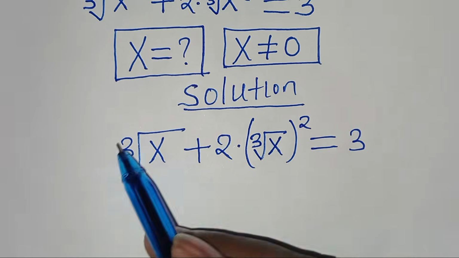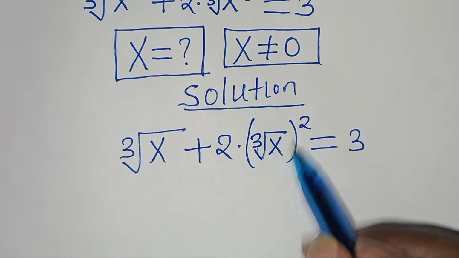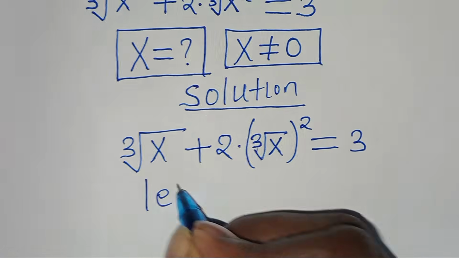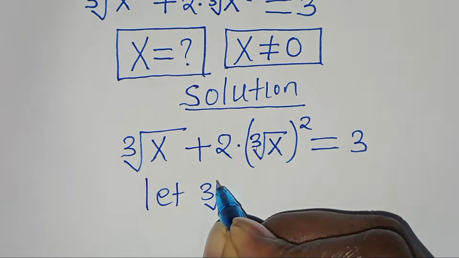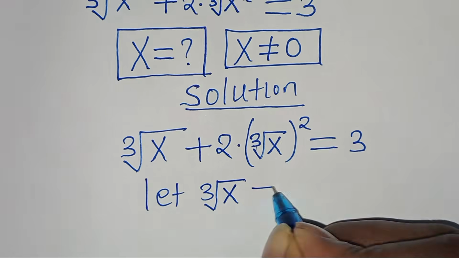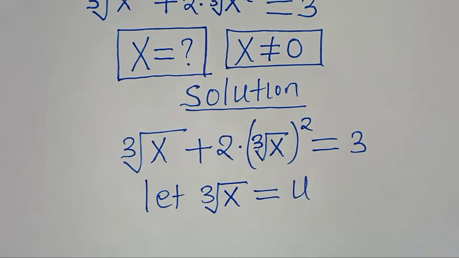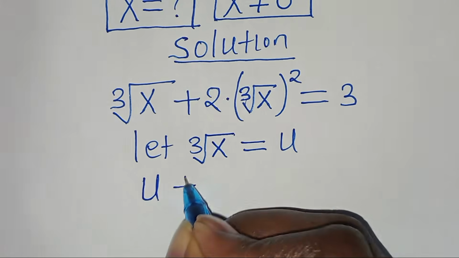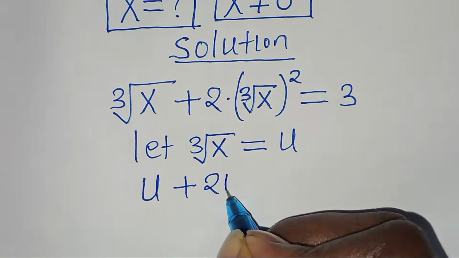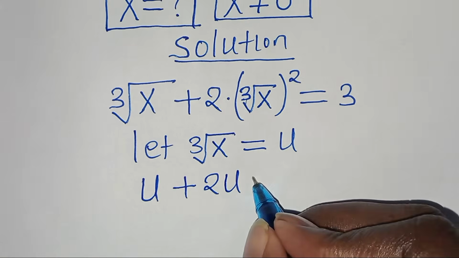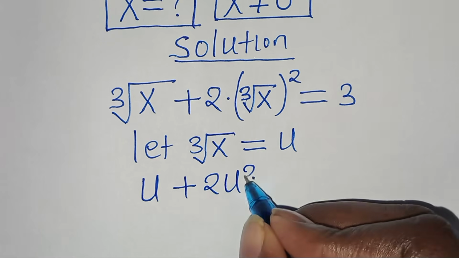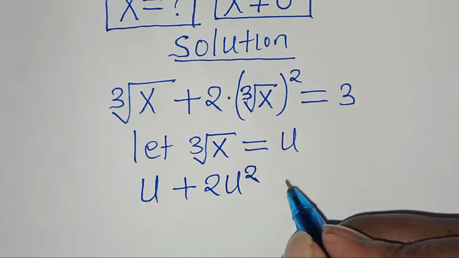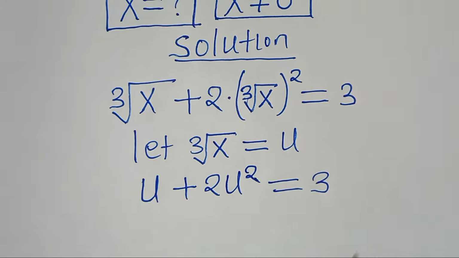Since we have the cube root of x in both places, we can let the cube root of x be equal to u. Substituting u into the equation, we have u plus 2u, to the power of 2. This is equal to 3.